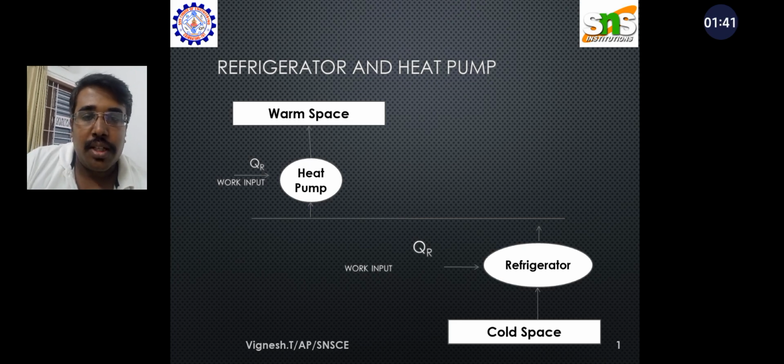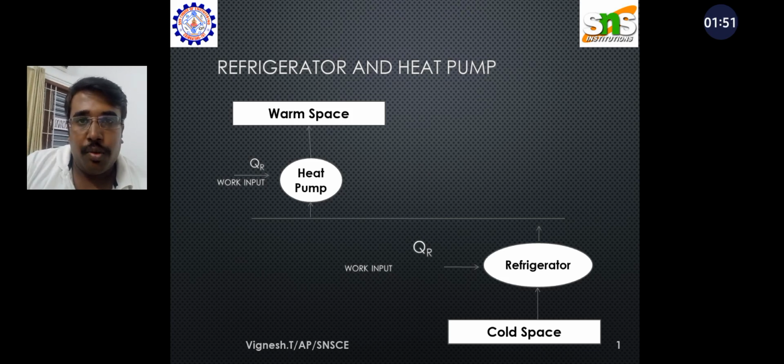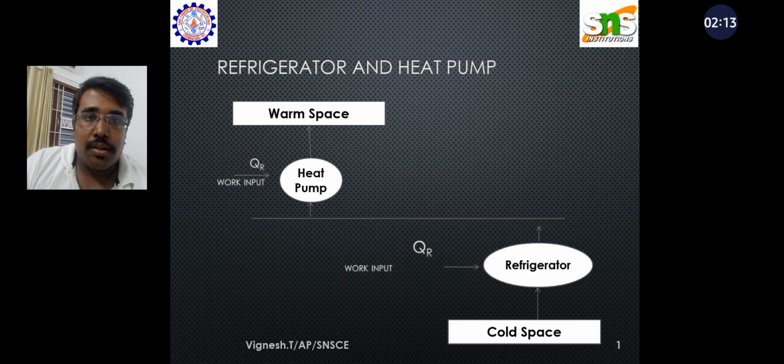We generally switch on the AC, which removes the heat from the air and gives it to the atmosphere. For example, if the surrounding temperature is 30 degrees centigrade, we can maintain the room even at 16 degrees centigrade. It constantly removes the heat inside the room and gives it to the atmosphere. So this is a refrigerating effect or a cooling effect.